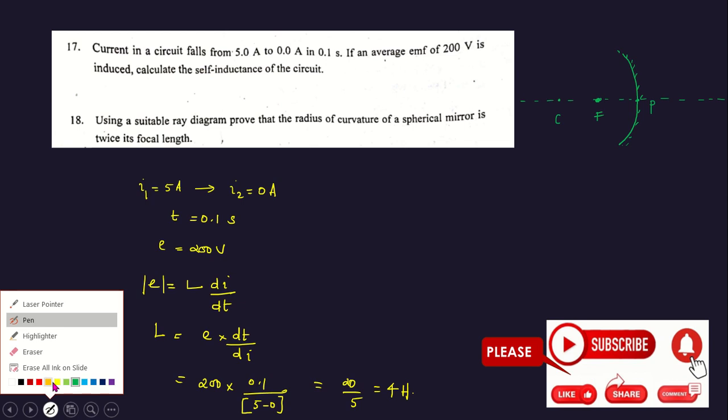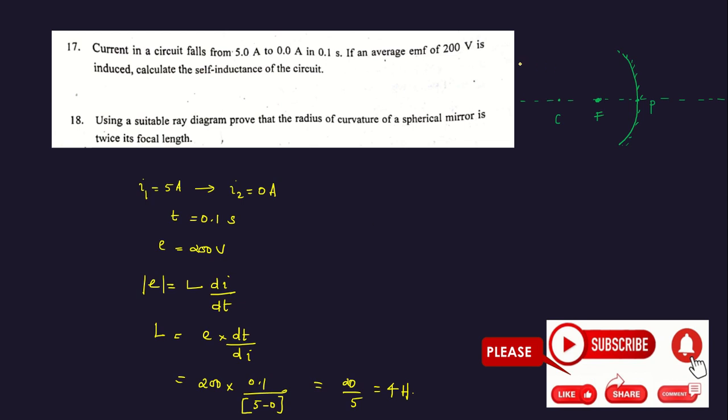So we can just consider one ray of light that is coming parallel to the principal axis. M എന്ന് പറയുന്ന ഒരു പോയിന്റിൽ വന്നു. So it must be reflected. So it must obey the laws of reflection. So normal through the center of curvature.